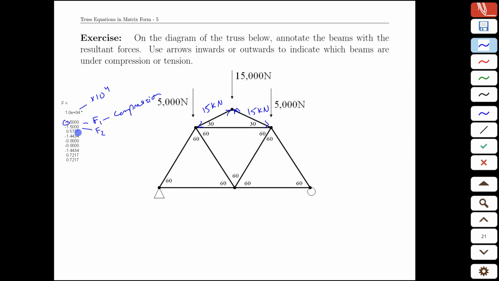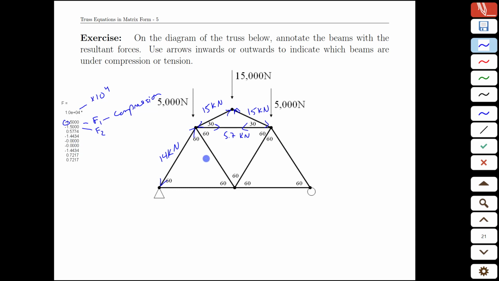We can then go on and see what F3 is, and it is in tension, so it is pulling inwards at a force of about 5.7 kilonewtons. So a lower load here, but it's a tension force which is avoiding this joint popping out. Moving down the list, we have compression again at about 14.4, let's just call it 14 kilonewtons for now, rough scale.